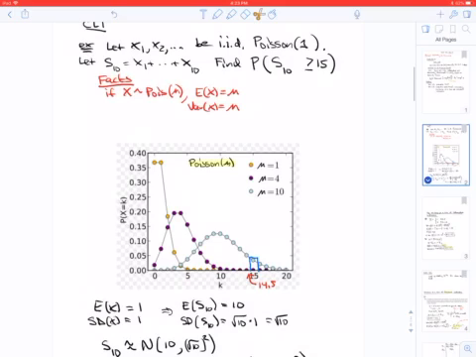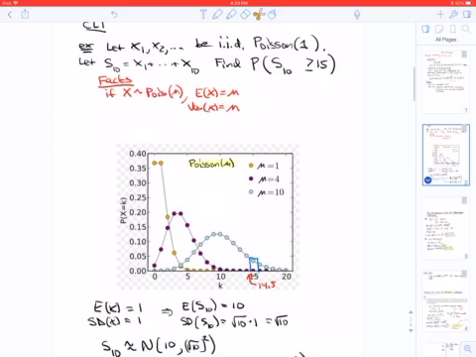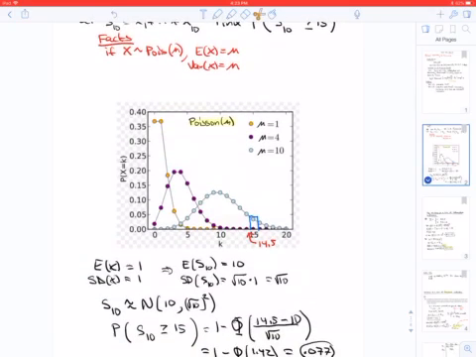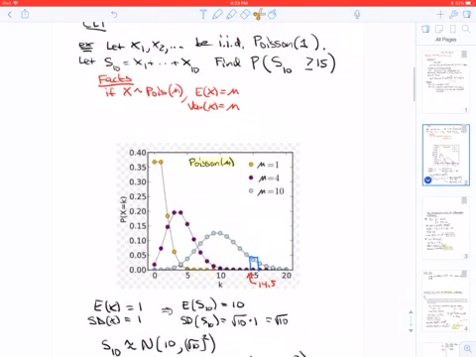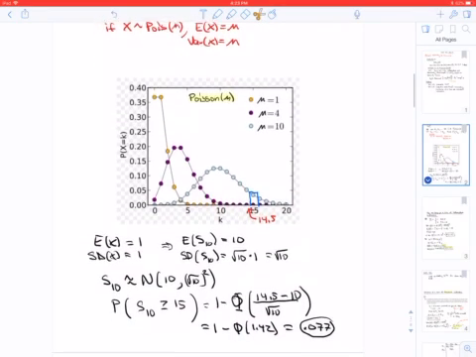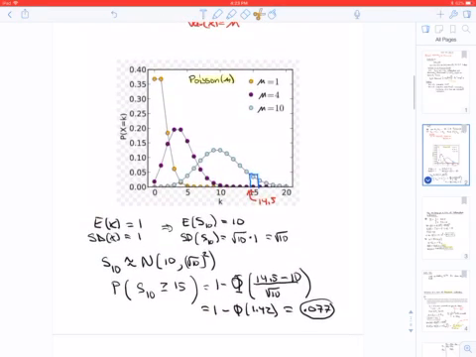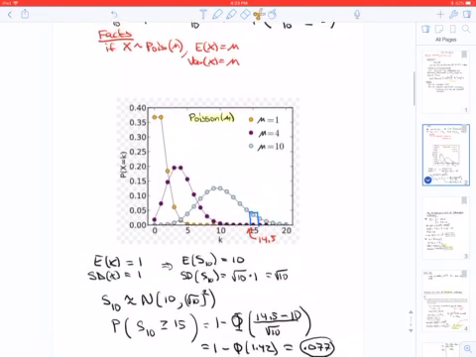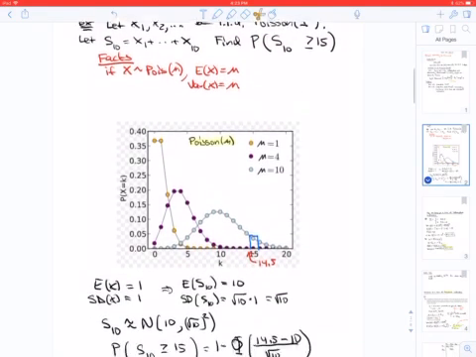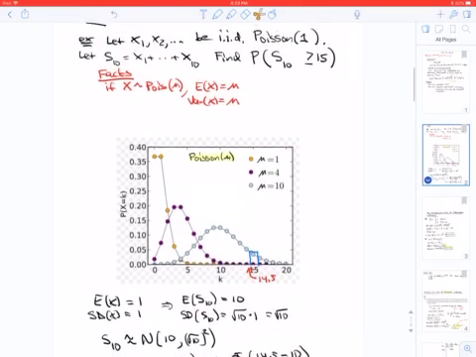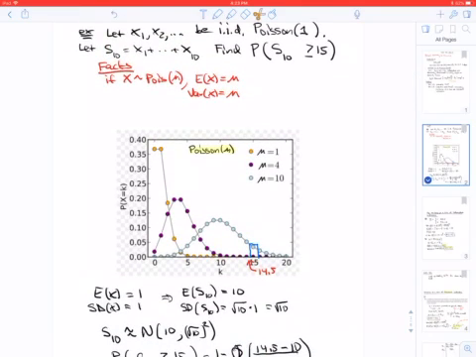and we're going to use this normal approximation, and we just need to know that if X is Poisson mu, the expectation and variance are both mu. So the variance of Poisson 10 is 10, for example. So here we have X is Poisson 1, so the expectation of X is 1 and the SD of X is 1.